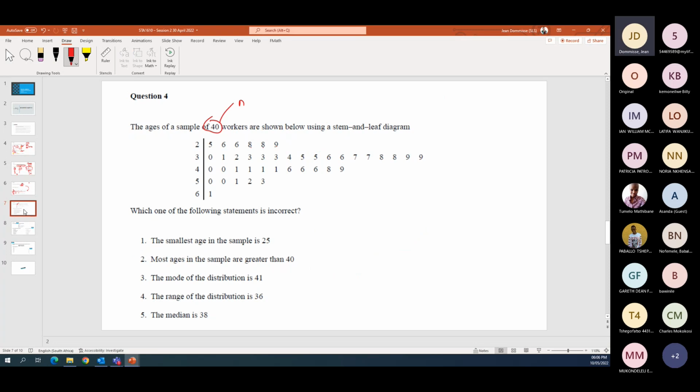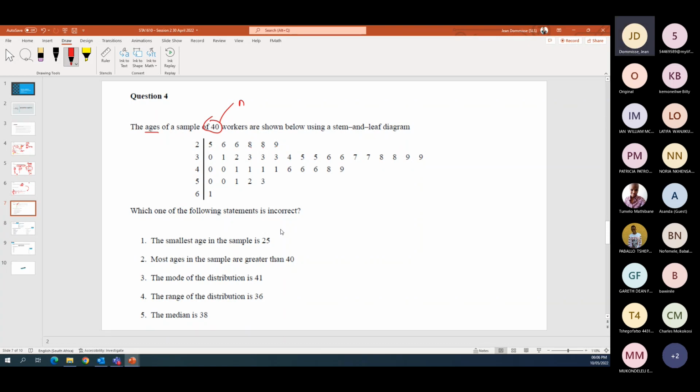The traditional question that they normally ask you in their stem and leaf is this type of one. We'll see in the next 2 slides previous exam papers that were used as well, but here they tell you it is ages of people.